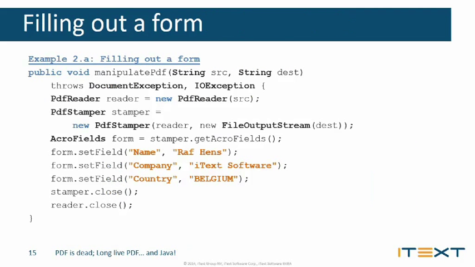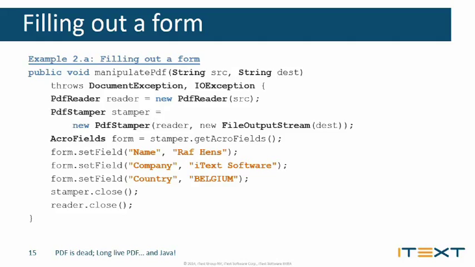So here's some example code filling out a PDF form. In this case, this is an AcroForm, one type of interactive form in PDF. So you can see at first we use a PDF reader to take in an existing PDF document. And then we use a stamper to manipulate that existing document. And again, we use a file output stream to write out the new file to disk.